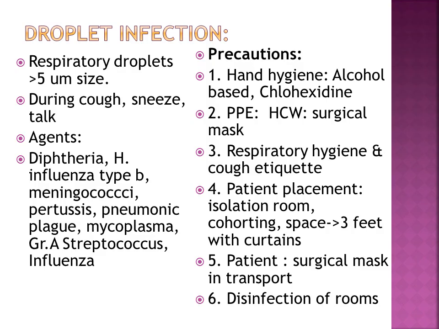Then patient placement should be in an isolation room. Cohorting can be done, so space should be more than 3 feet with curtains applied for the separation between patients. Then the patient should wear a surgical mask in transport, and healthcare workers should wear the surgical mask, and disinfection of the room is done at discharge of the patient.